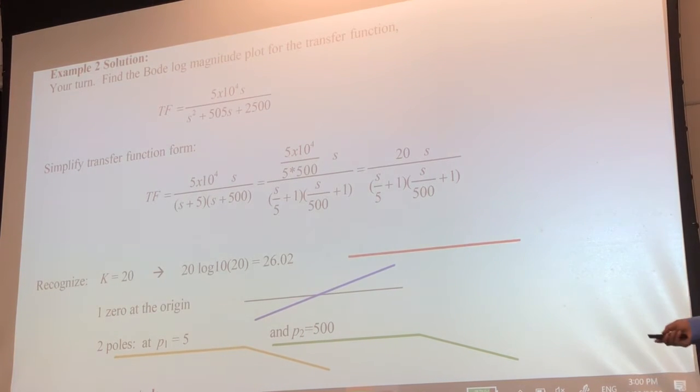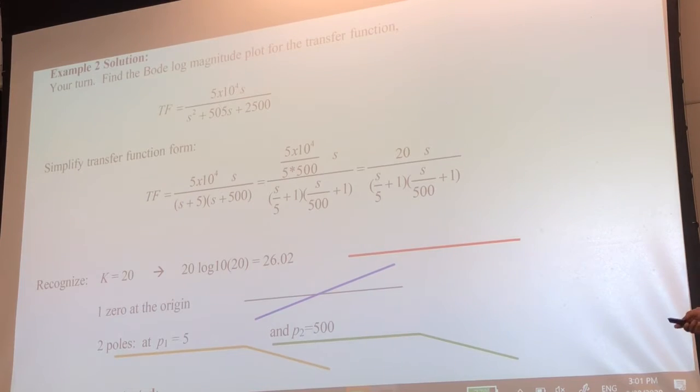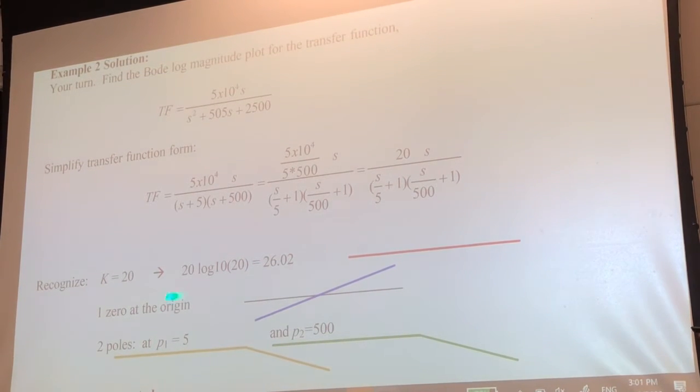So clearly, when I have 20 log 10 of 20, it will give me 26.02 dB, okay? This is the red line. I have 0 at the origin, so this one will pass 1, omega is 1, 0 dB, okay? So you have this positive 20 dB per decade. You go up.